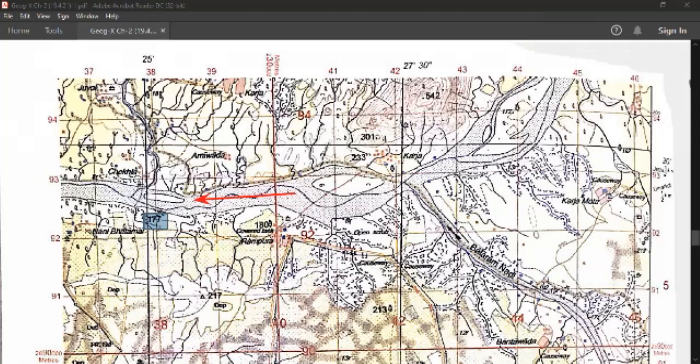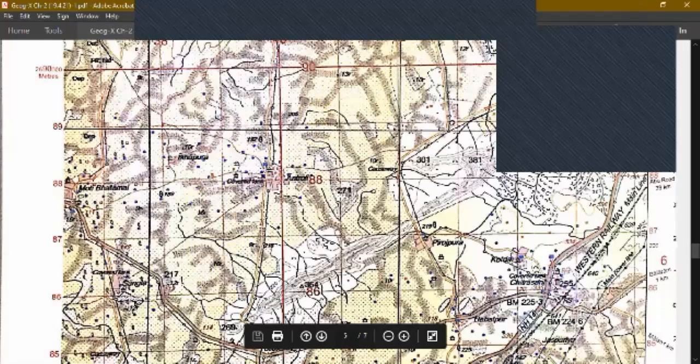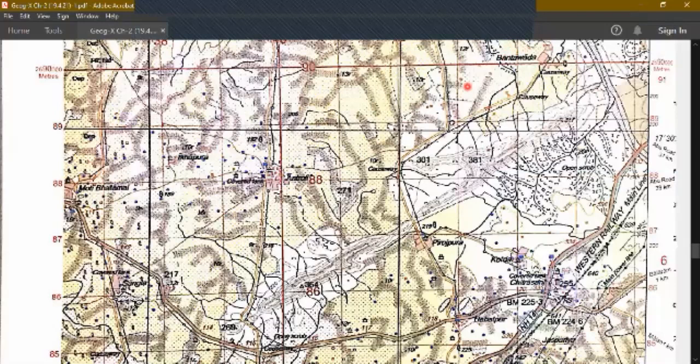So now let us discuss about various settlements. Settlements are groups of houses where people live.